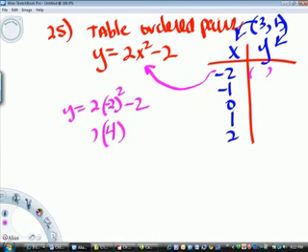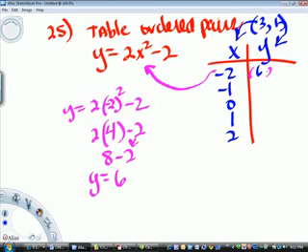And then I still have this left. Now I multiply this out, and I get 8 minus 2. Just drop that down. So I get 6 here because 8 minus 2 is 6. So what goes here is a 6. So you can see if x is -2, y is 6.